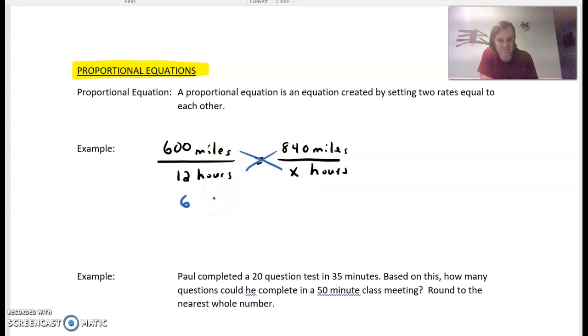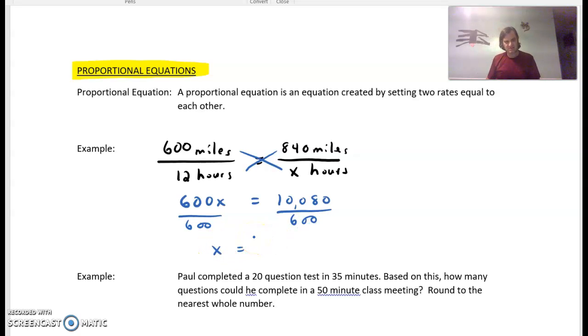If you do that, you start to get a weird thing here. 600x on one side, and on the other side, my calculator, $10,080. So in this case, if we divide both sides by 600, treating it as an equation, I may have picked an odd thing here.